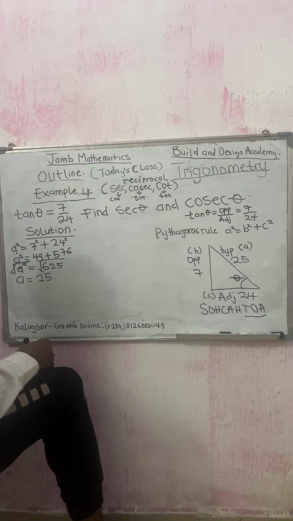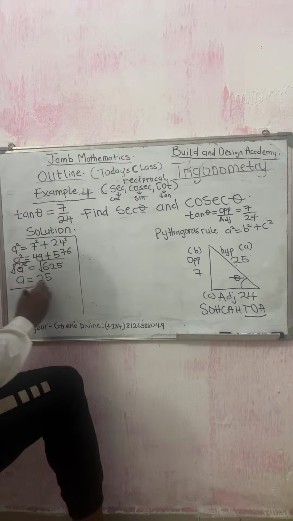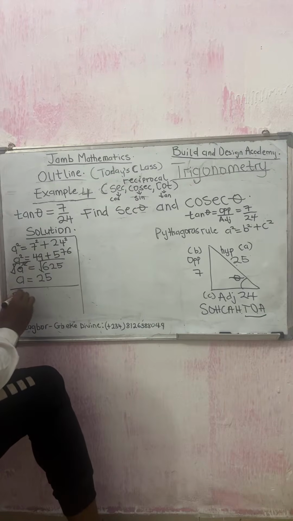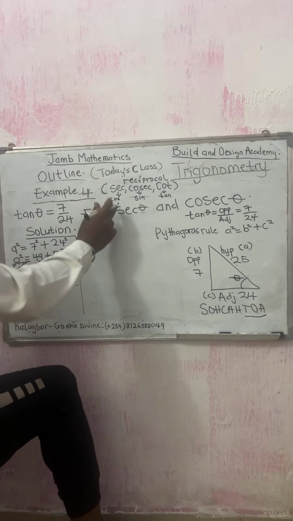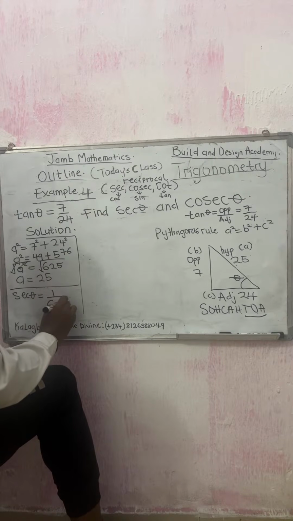Now we will move over to step 2, very simple. Sec theta is simply the inverse of cos, that's 1 over cos theta.